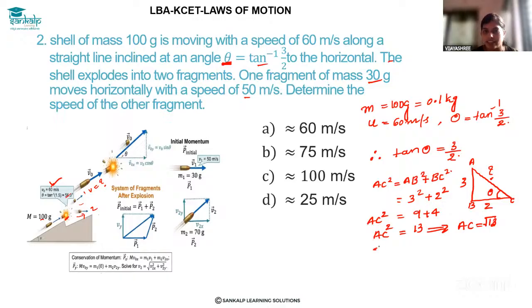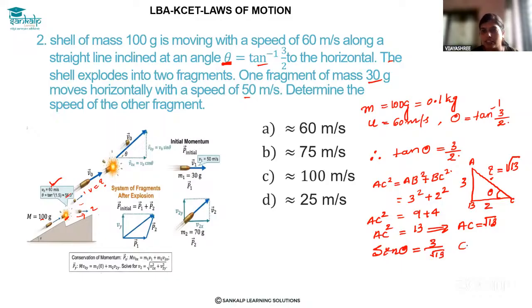Therefore, sin theta is equal to opposite by hypotenuse, which is 3 divided by root 13.